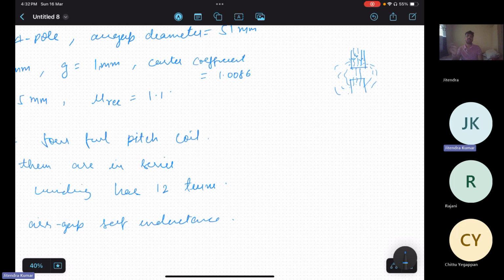This leakage is also considered in the effective air gap, and that is known as Carter's coefficient. Let us suppose this air gap is 0.5, but the effective air gap will be higher than 0.5 because of this leakage. We generally call it fringing flux. Because of fringing flux, the effective air gap is larger than the physical air gap, and that's where the Carter coefficient comes into the picture. Okay. Yes, sir. Understood, sir.